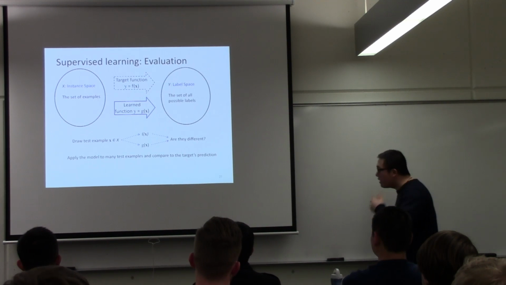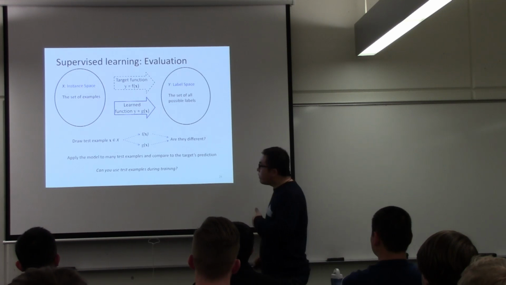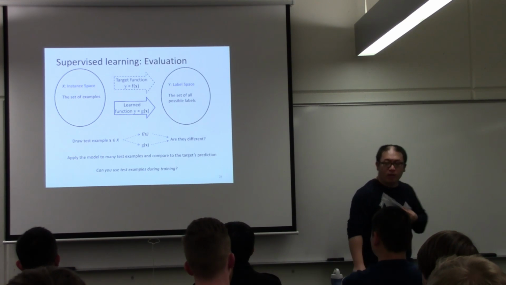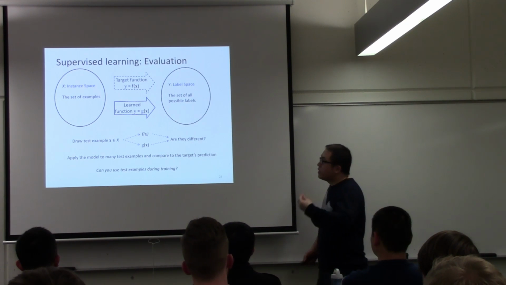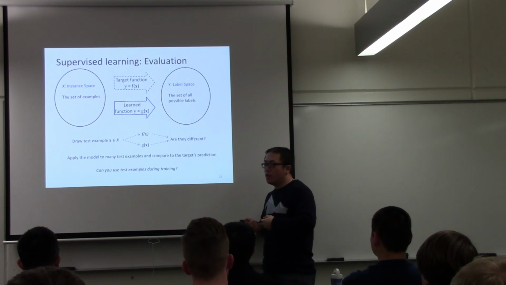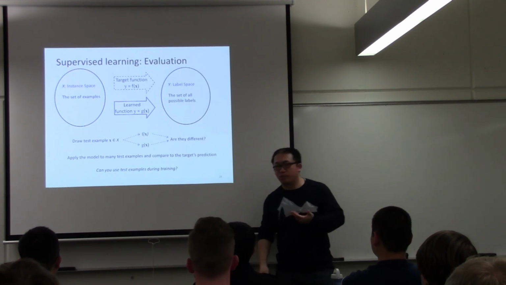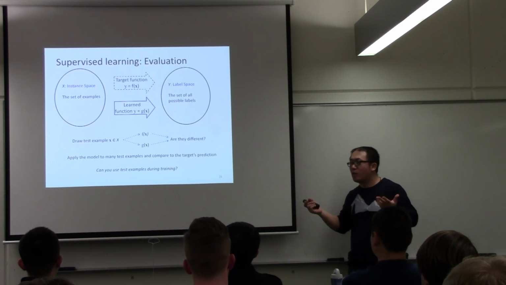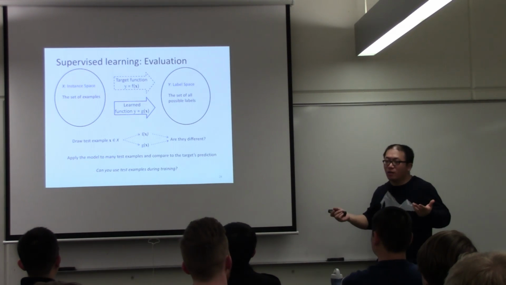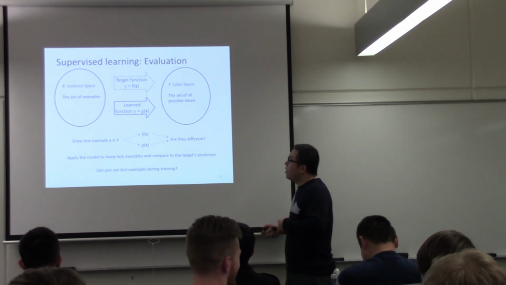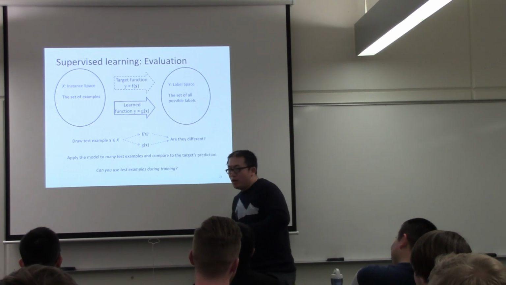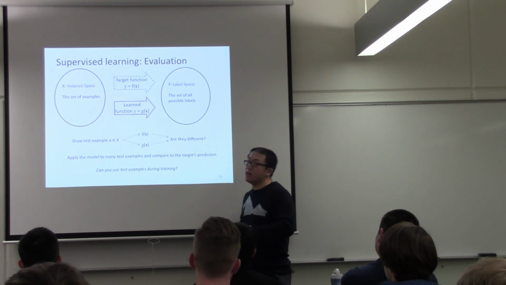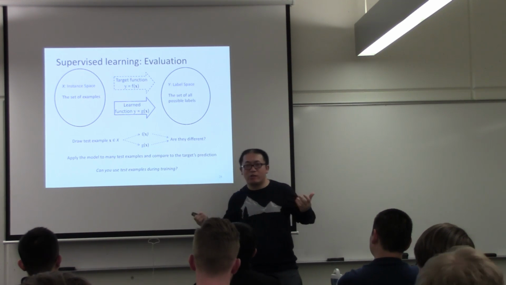So now there is another question. Can we use test examples during training? Or in other words, can we just use a subset of training examples to evaluate our learned function? Definitely no, right? Because this is cheating. What is our objective? Our objective is to examine the generalization performance, or generalization capability, of our learned function. What is generalization?